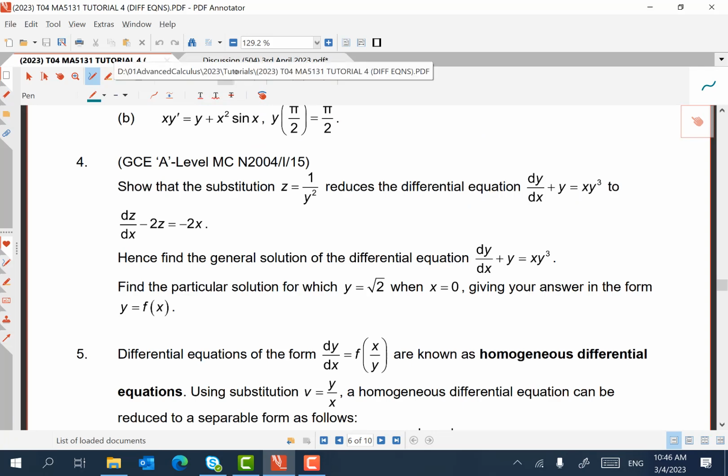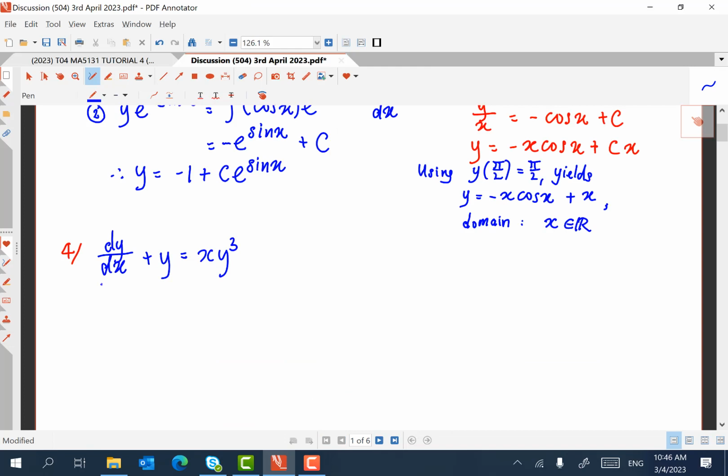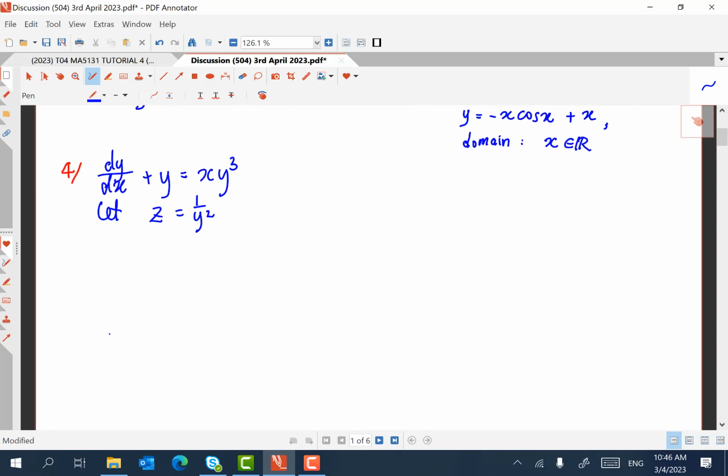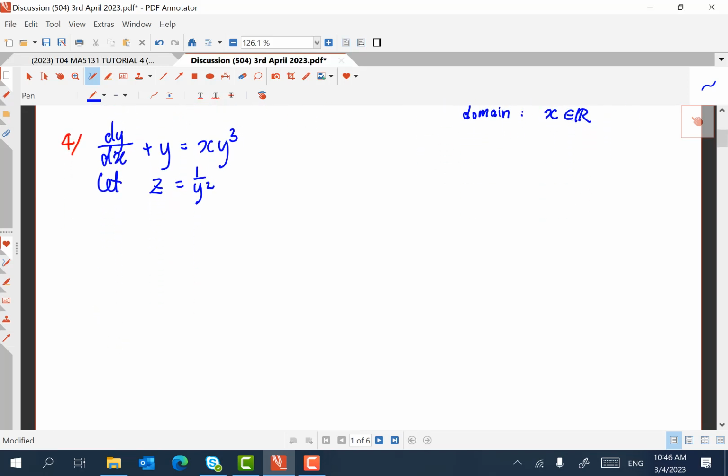Okay. So they say let z be 1 over y squared. For the substitution method, given the substitution, you always first and foremost differentiate the substitution.